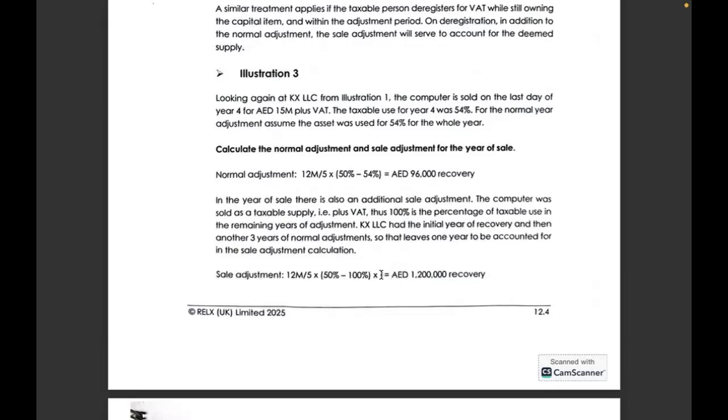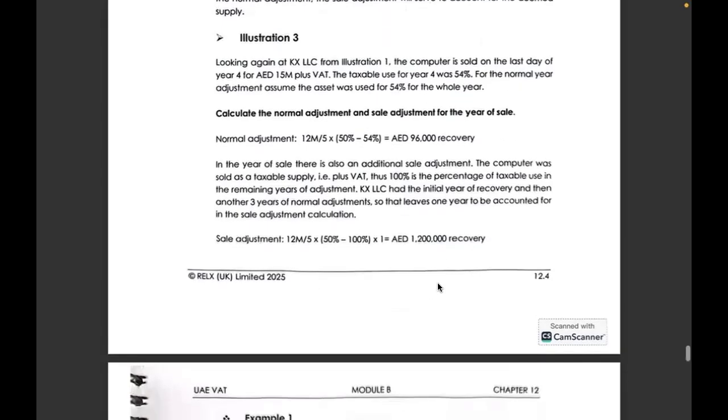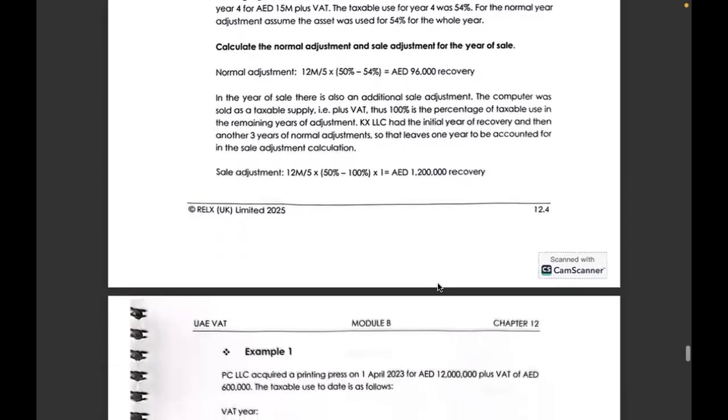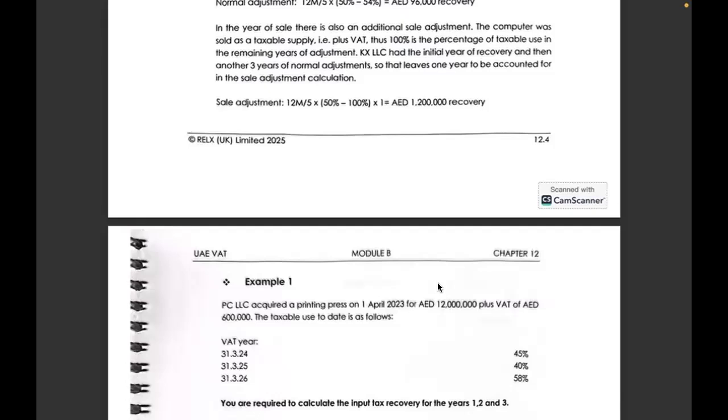That is why I multiply by 1. So the remaining taxable usage for 1 year, 100% actual usage minus the initial usage. So we can see that 1.2 million dirhams recovery we can claim. So this is how the final sale adjustment will be arrived at.